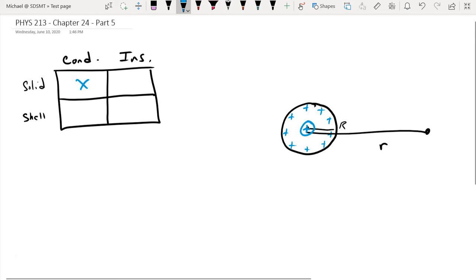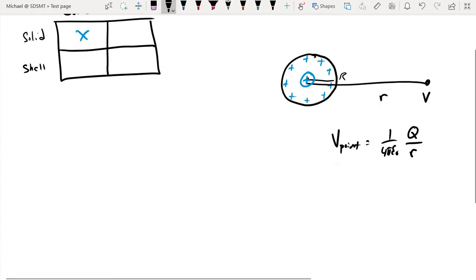From there, we can argue that the potential out at this location of little r, due to the sphere, will be equivalent to that of a point charge that utilizes the full charge of the sphere. The only thing we need is to be outside of the sphere.